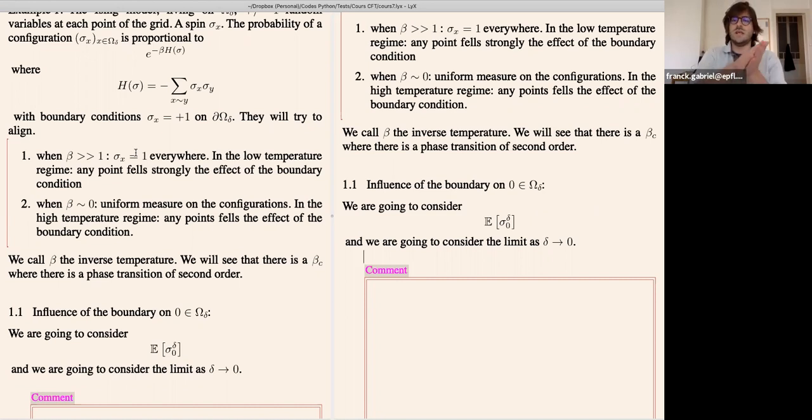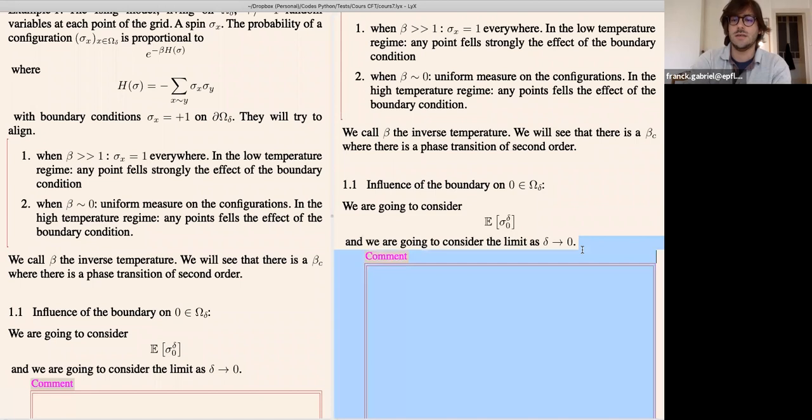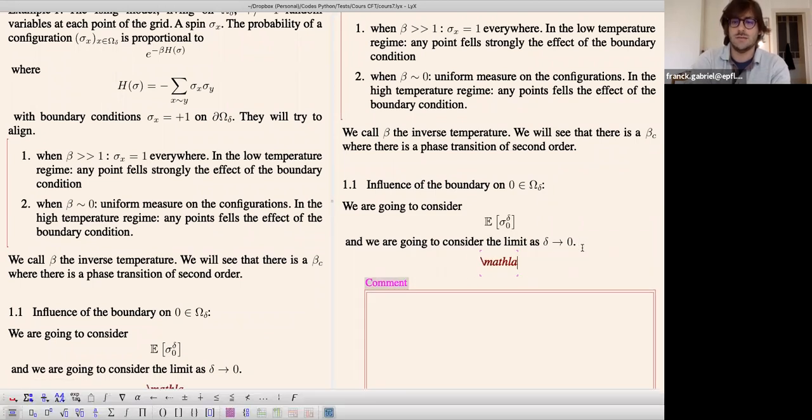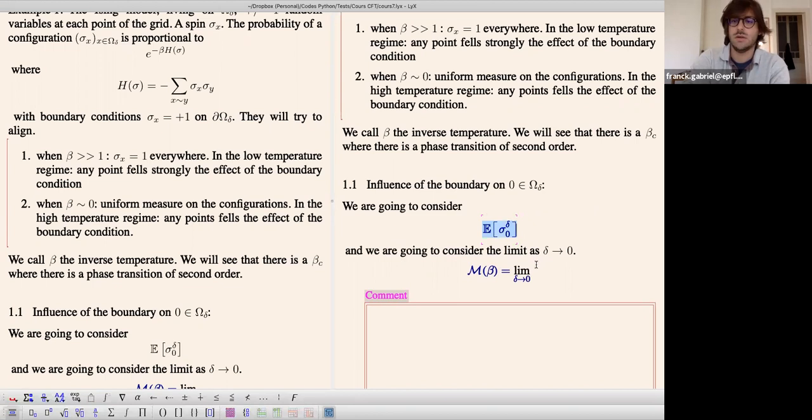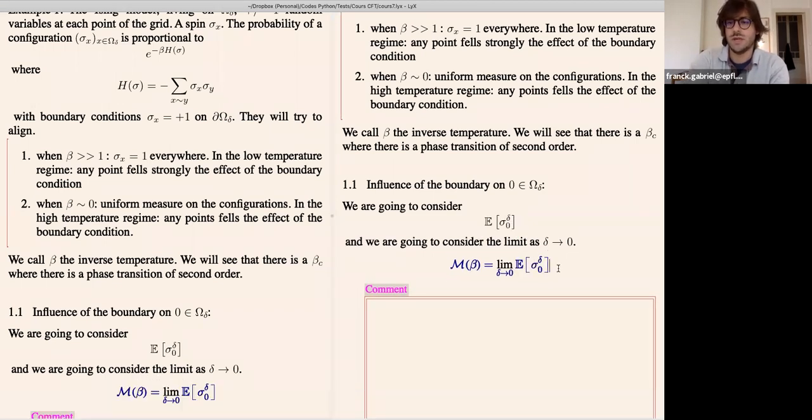Okay, so if the limit of this exists, and indeed one can show that it exists, the limit as delta goes to 0 depends partly on omega, but we don't care here.